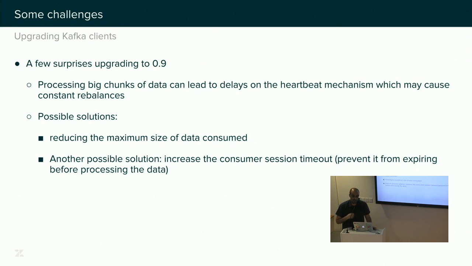However, that was yet another surprise. We found out that in the broker, there is a setting that limits the maximum value that you can assign to this property, which is a property from the consumer. So we tried to increase this, and then we started getting exceptions because the broker would not accept this setting.